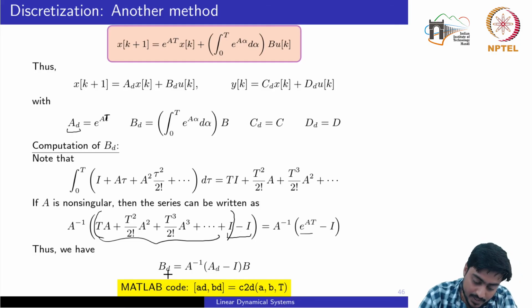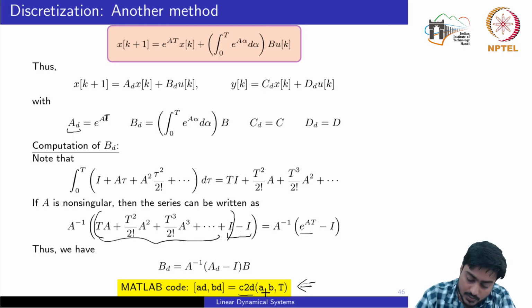So I can write the discrete time B matrix as A inverse multiplied by AD minus I, times B. So once I have computed the matrix exponential to get the discrete time A matrix, I can directly compute the BD matrix instead of computing the integral of that exponential.